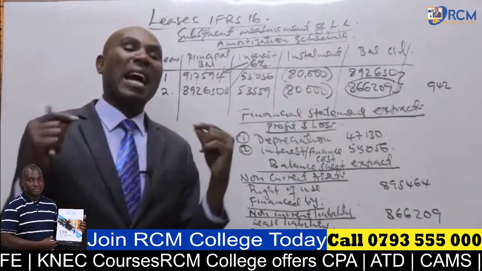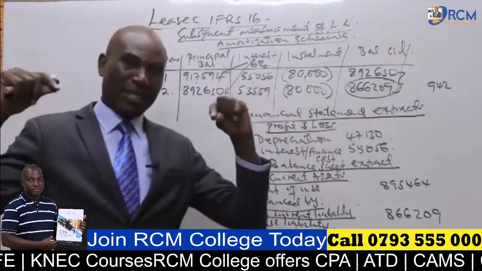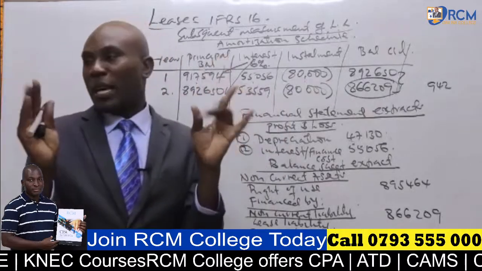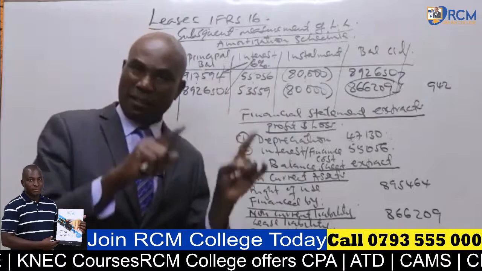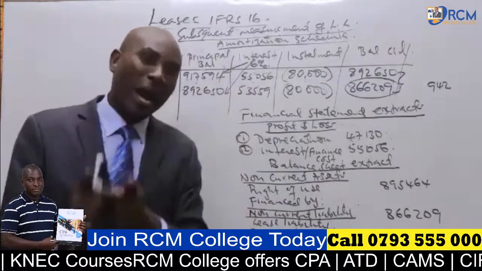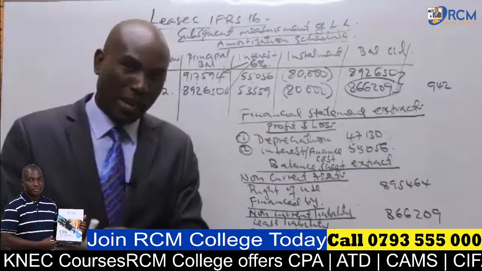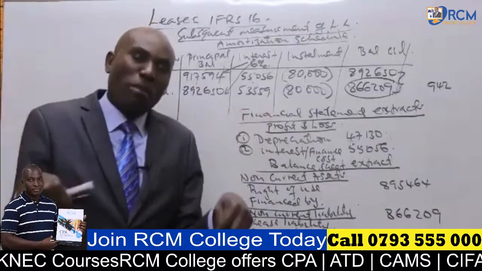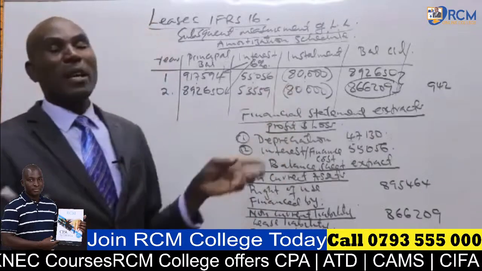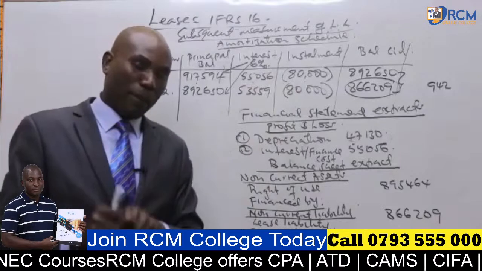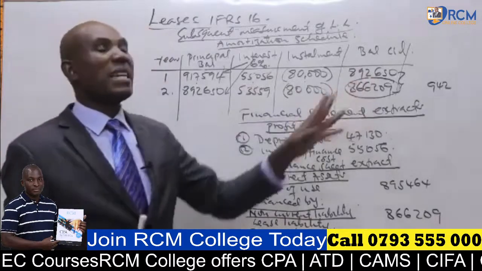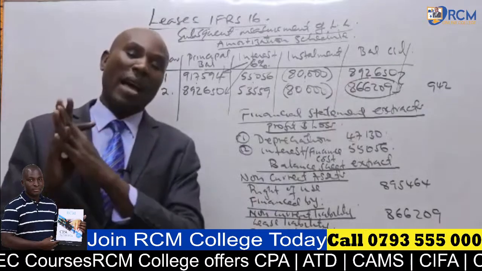But if payments are made in advance, listen very carefully. If the examiner wanted year 1, you prepare for that year 1. Then the installment becomes the current liability, and the balance at the end becomes the non-current liability.